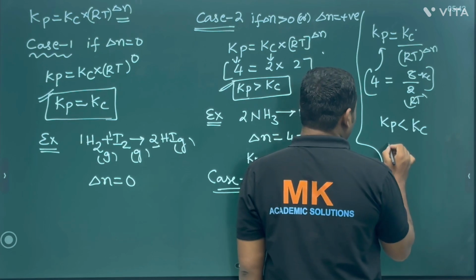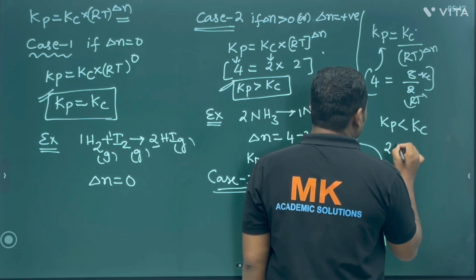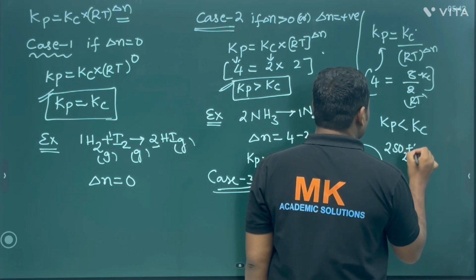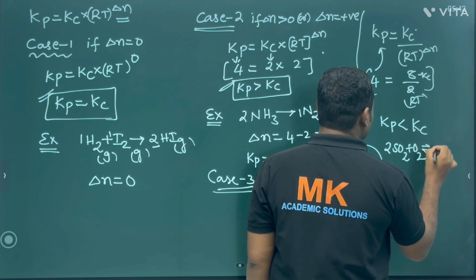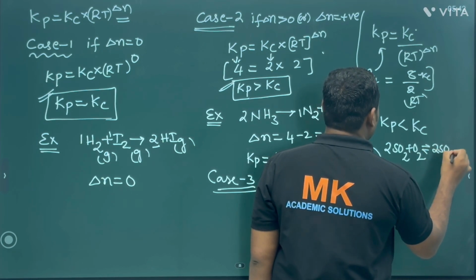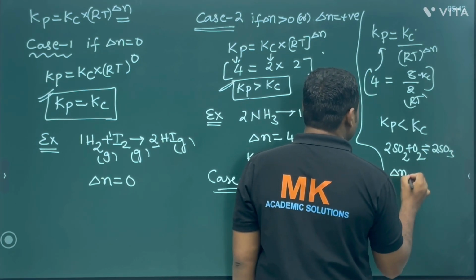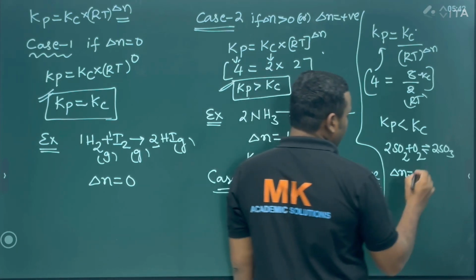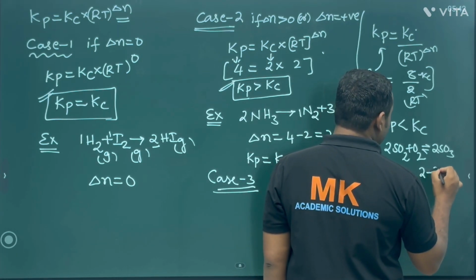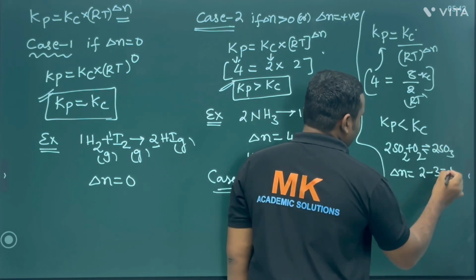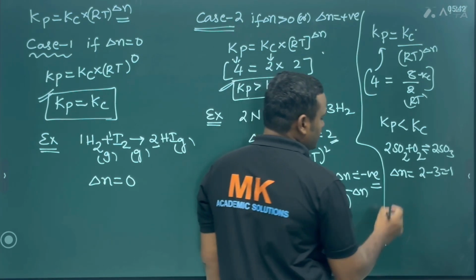Now what is the example here? You can take 2SO2 plus O2 gives rise to 2SO3. So here delta n is equal to 2 minus 3, that is equal to minus 1.